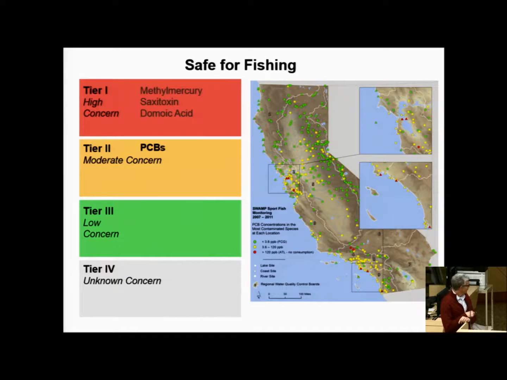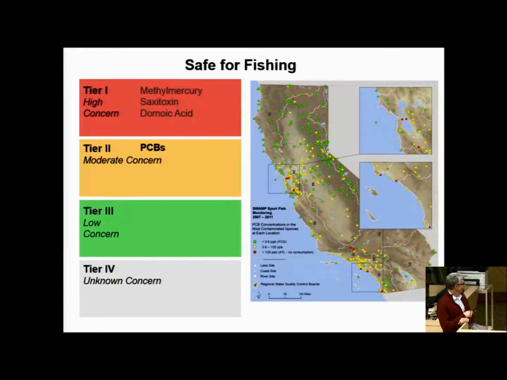Into the moderate category, PCBs are the contaminant of second highest concern that we routinely monitor in SWAMP. And the map here shows a lot of green, and then there's a fair amount of yellow. There's only a few red dots that are the areas where the concentrations are high enough where advisories might say not to consume fish in these areas.